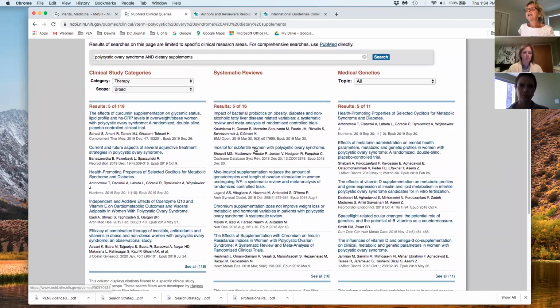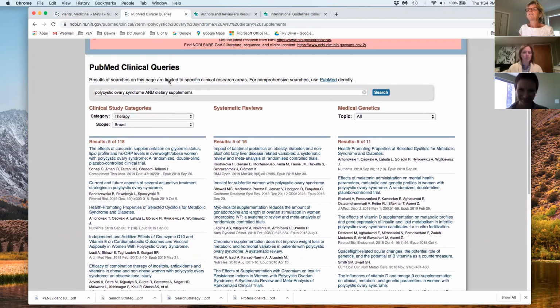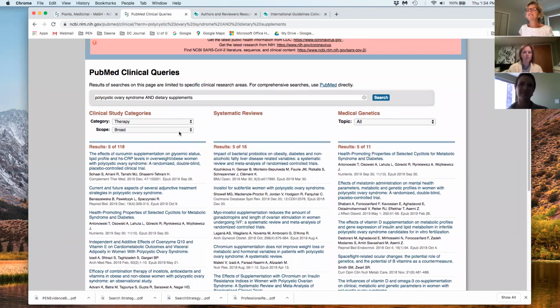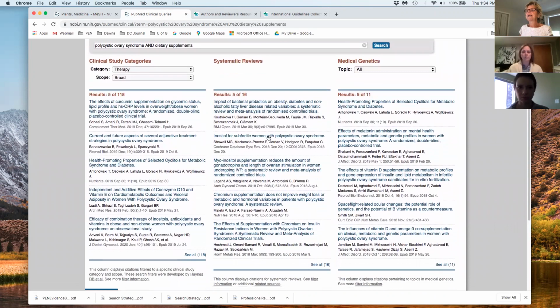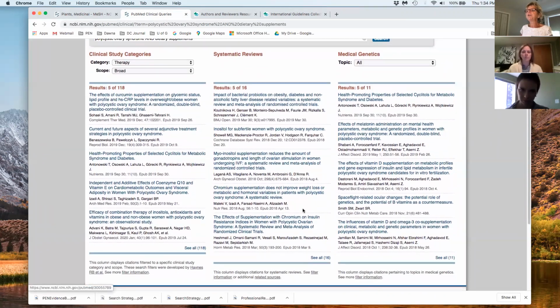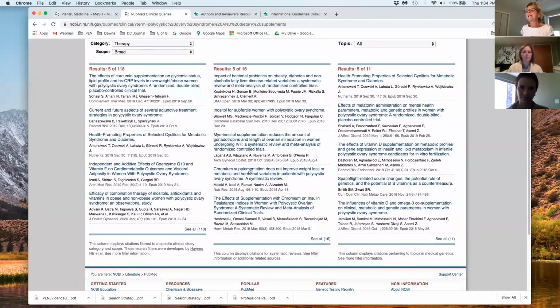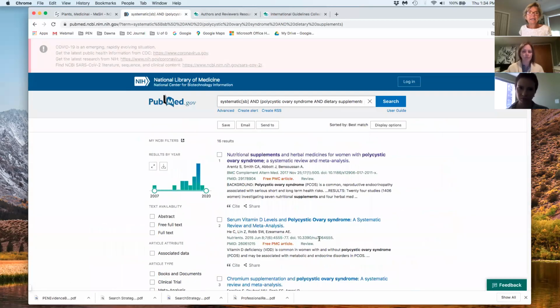Oh, well, look at that. We have, first of all, some systematic reviews that came up and then some primary studies. First of all, I'd like to look at these systematic reviews and see if there's anything very general. Some of them are looking at specific supplements. There's only 16 that came up, so not a huge volume when we searched for dietary supplements.